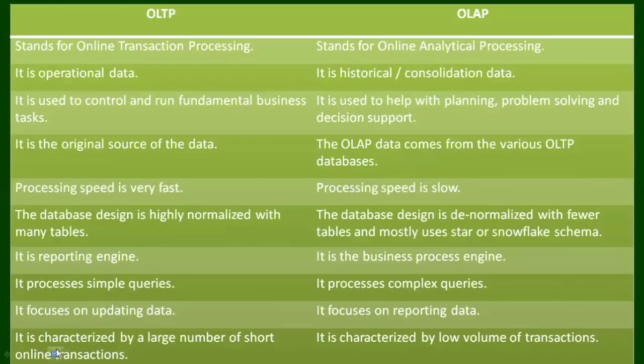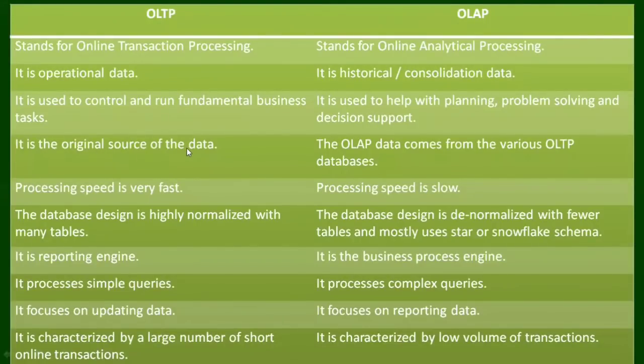OLTP is used to control and run fundamental business tasks, the basic functions of the business, whereas OLAP is used to help planning, problem solving, and decision making. So OLTP is used for the control of the basic functionality of the business, and OLAP is used to help in planning, problem solving, and decision support.